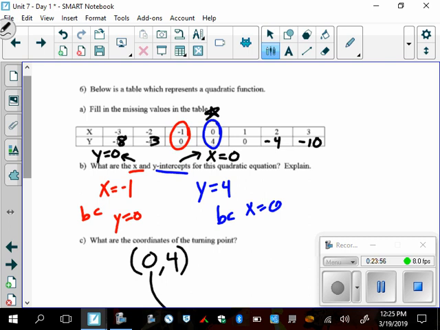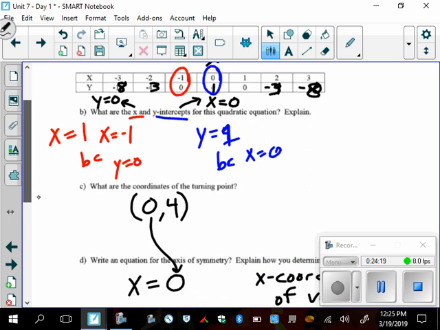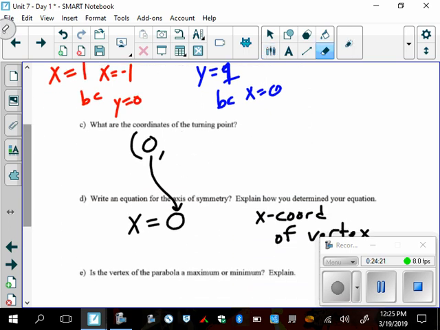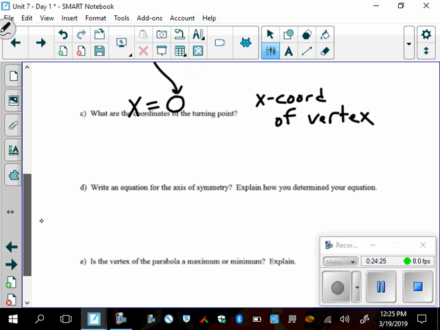So that's -8, -3, -1, -3, -8. So this has 2 x-intercepts. And then my y-intercept is going to be 1 instead of 4. All right, my fault. That makes this point 0, 1.